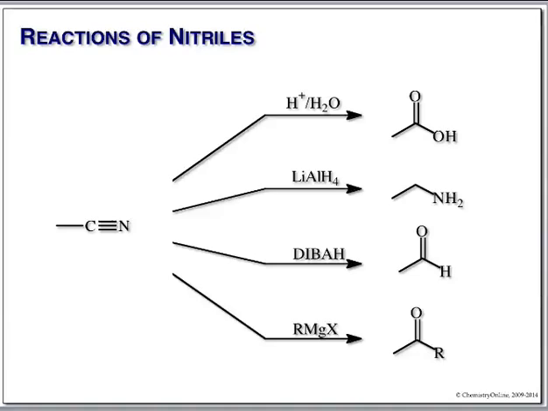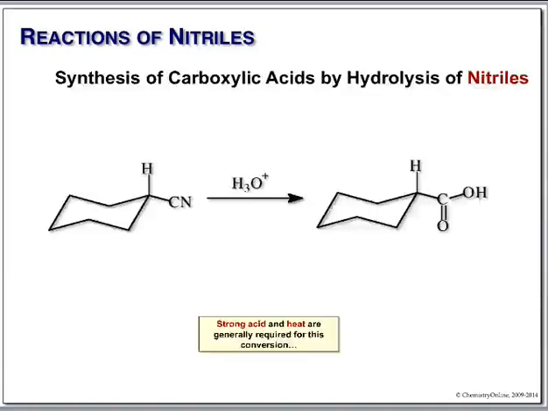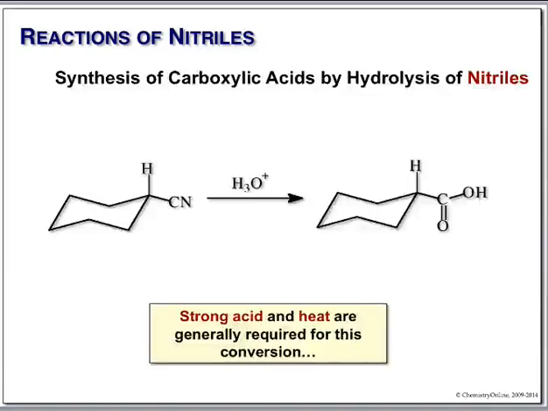We'll see how that happens. And finally, if we take a nitrile with a Grignard, we can convert this into a carbonyl carbon and add our Grignard to it. So just a couple new reactions here. We talked about this one. Again, we're doing this on Wednesday.